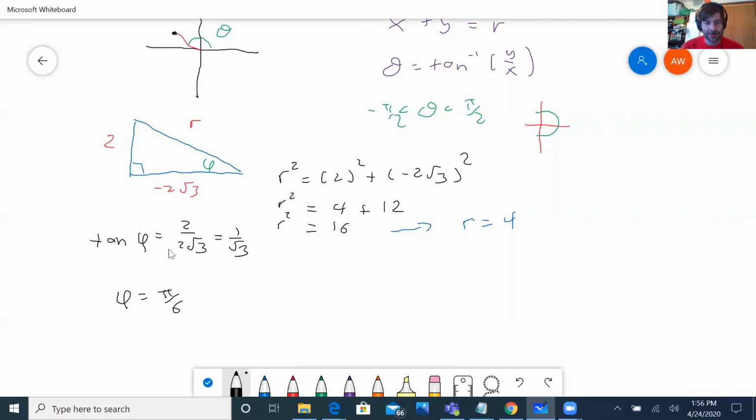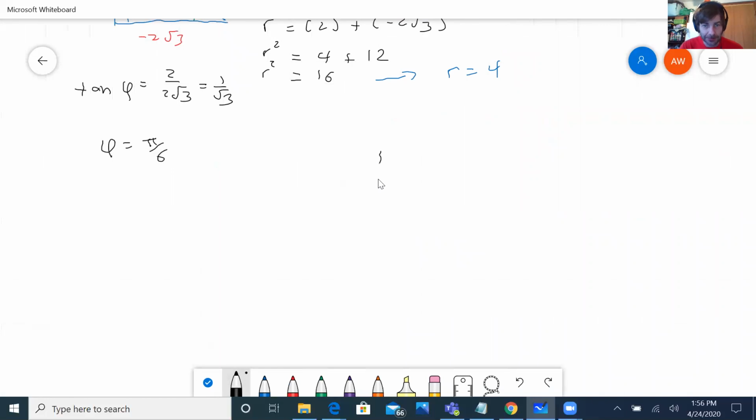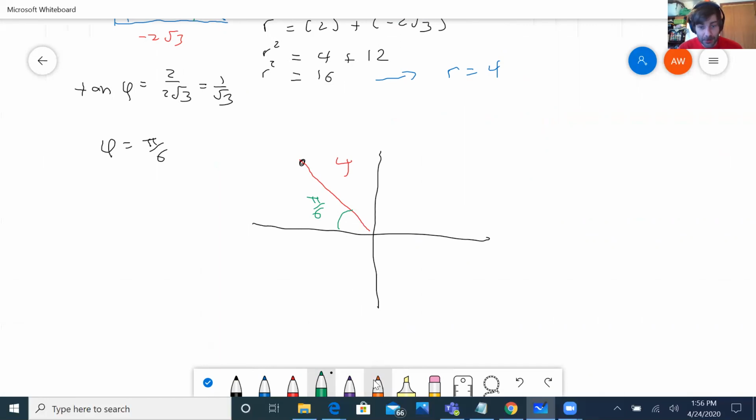But okay, I didn't want phi, I actually wanted theta. So if I'm just going to remind myself, I'll draw me a bigger picture here. So I found the r was 4, and I found this angle right there to be pi over 6. Okay, the reference angle. Well, that means the one that I wanted, which was this one, must be 5 pi over 6.